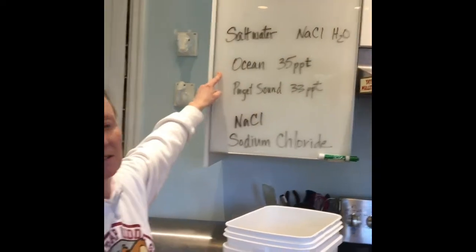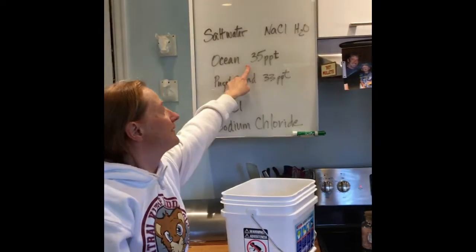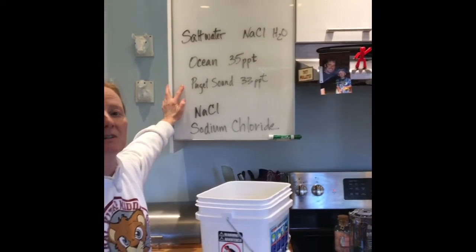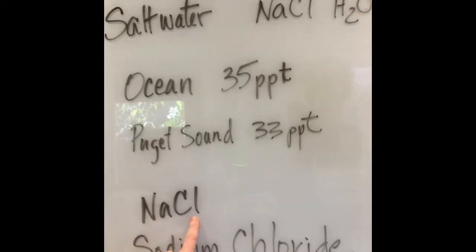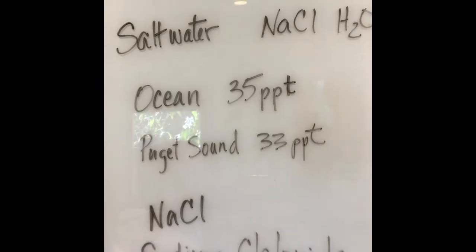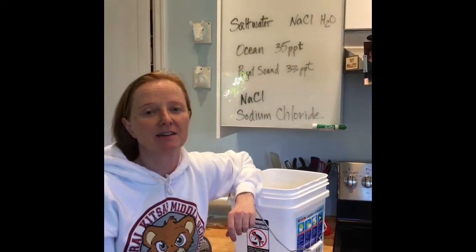Ocean water's salinity, that's how we measure how much salt is in there, is 35 parts per thousand. Puget Sound is a little bit less just because of that river influence. So NaCl is the compound, sodium chloride. Okay, so we'll give it a few minutes and then we'll come back and take a look at our evaporation.